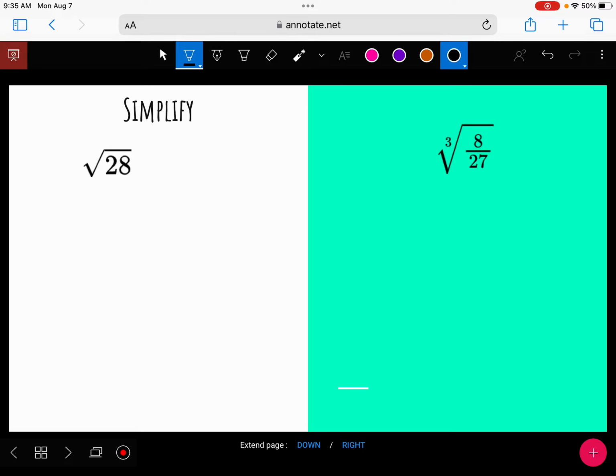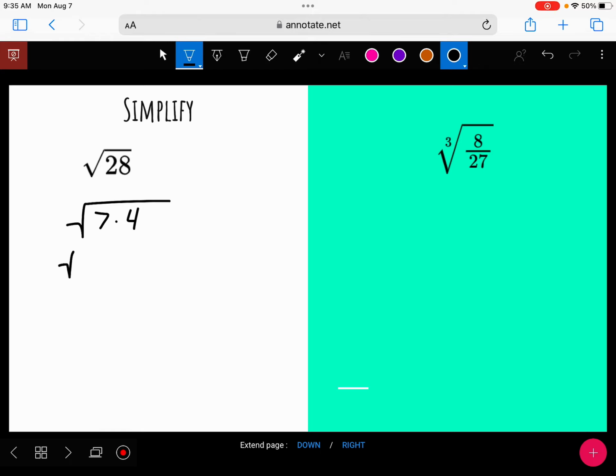Square root of 28. It does not look like any of those rules that we just saw. That just looks like a number. What are some factors of 28? I can rewrite 28 as 7 and 4. So I could rewrite this as 7 times 4. Now that starts to look like one of those previous things we did.